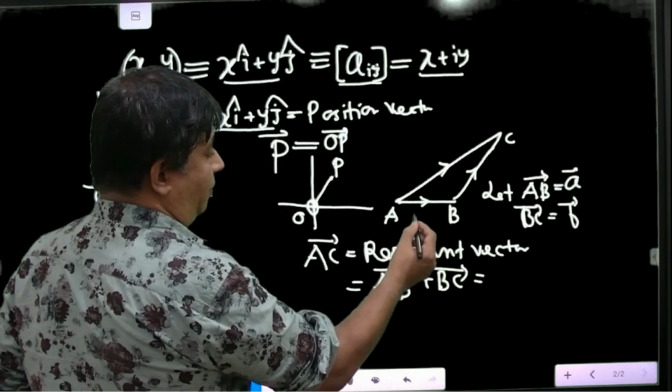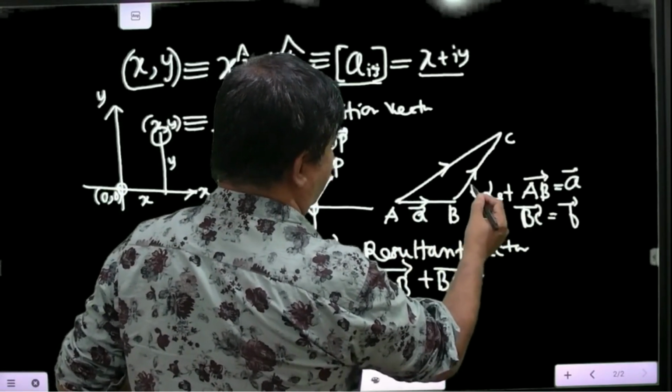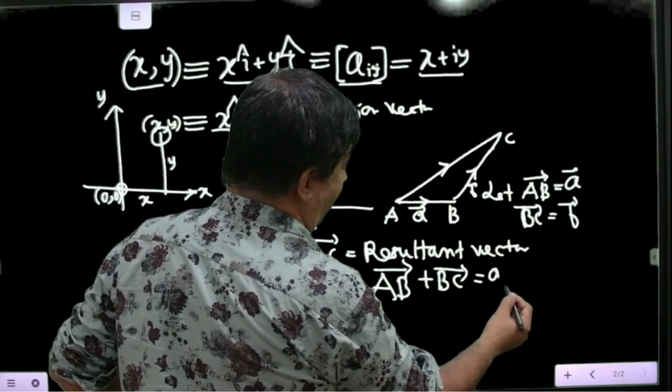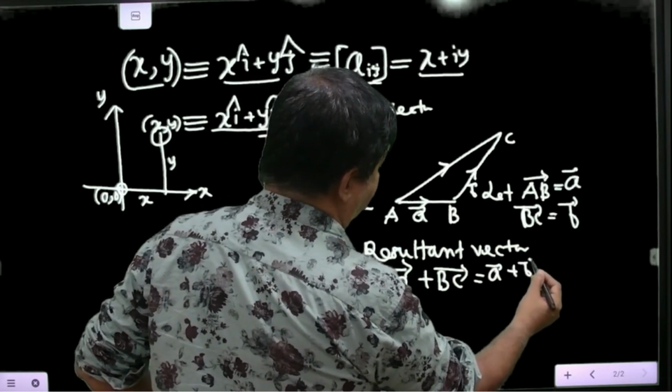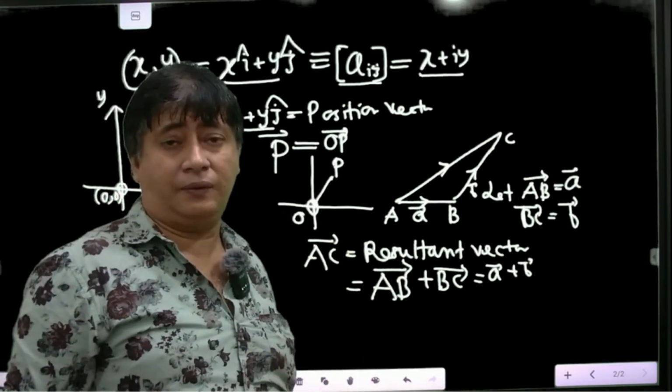That means AB is A, BC is B, so that is A plus B. Okay, AC is A plus B. That is called the resultant vector.